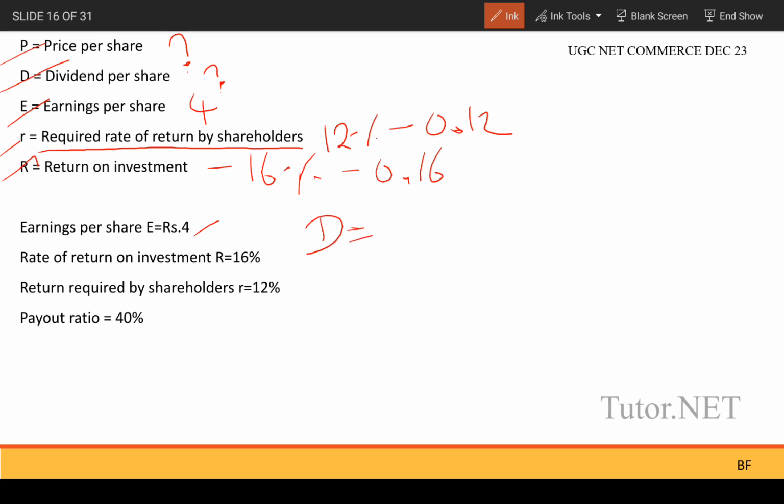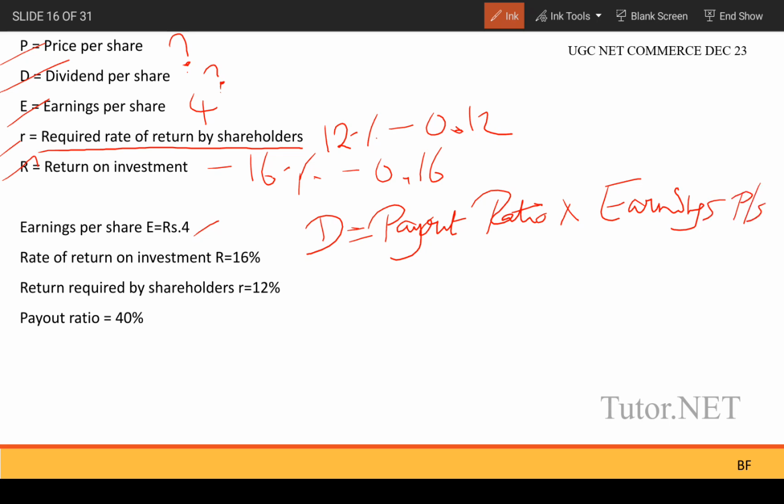So the formula for calculating this is payout ratio into earnings per share. In the question we know that the payout ratio is 40%. This we can write as 0.40.